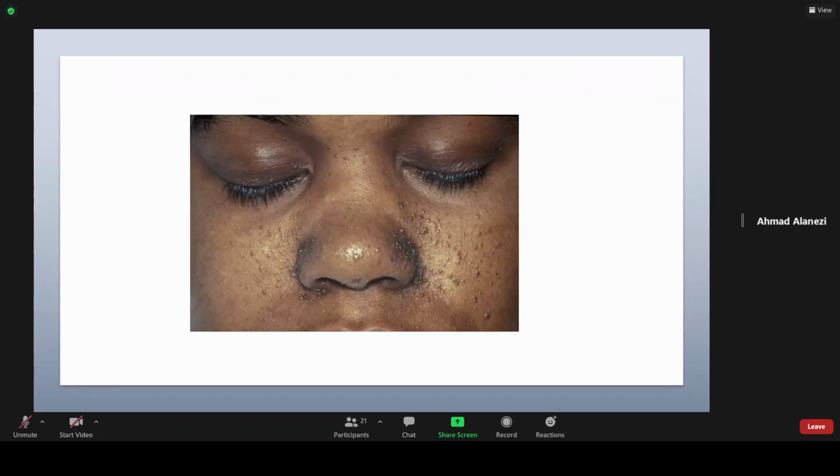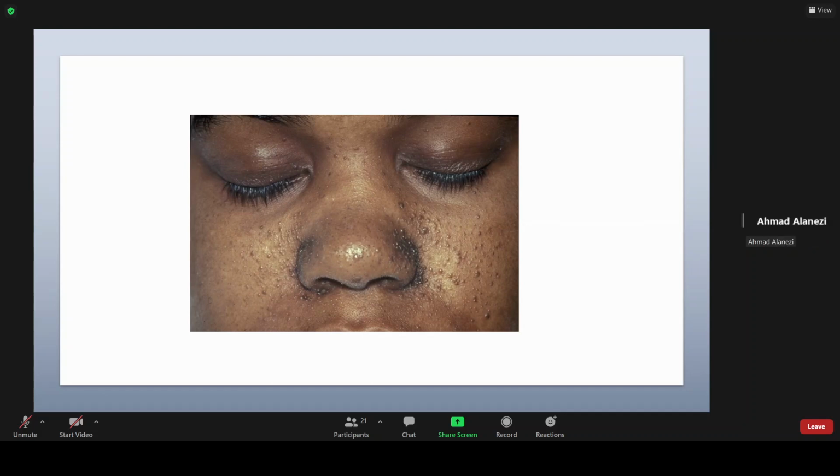What is this, Shabab? This is a child who presents to you with a history of learning disabilities. What do you see? Honestly, Doctor, I forgot the name, but isn't this the one that comes with tuberous sclerosis?